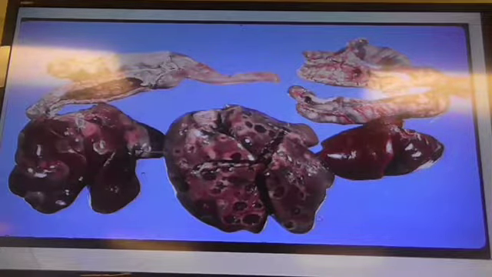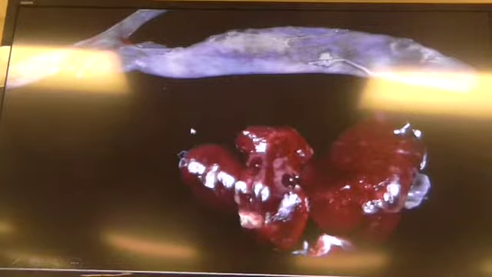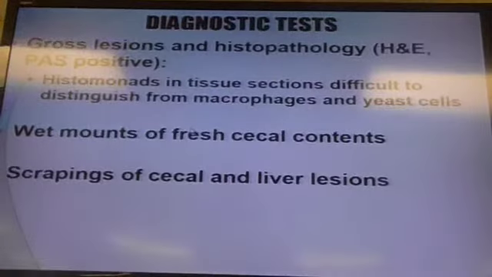That's one liver, and that's another liver, and this baby liver over here. And then the ceca, as you can see here, filled with necrotic cellular material. So both hepatic necrosis and caseous cecal cores. I get very excited when it's a classic picture because it's easy to diagnose.